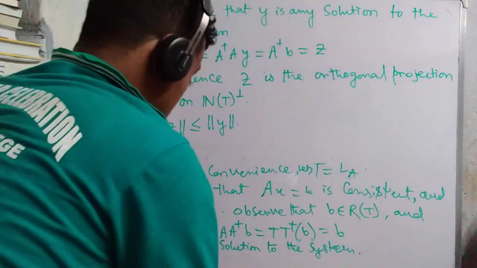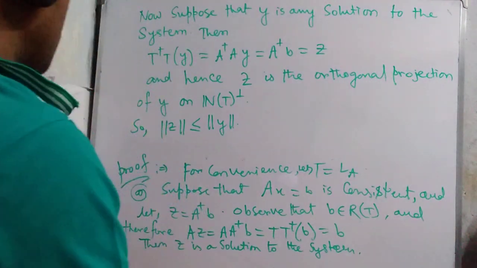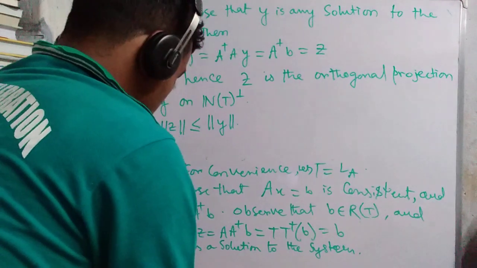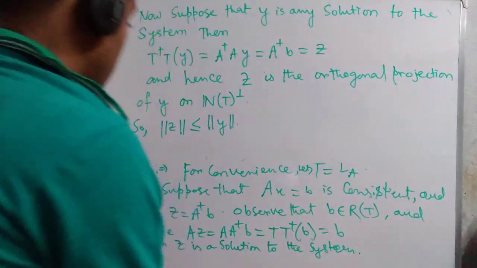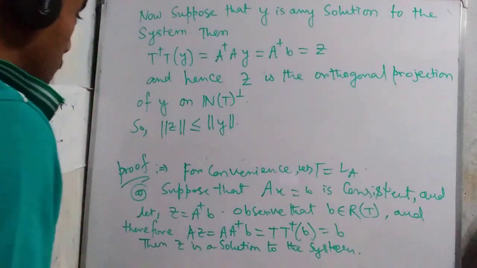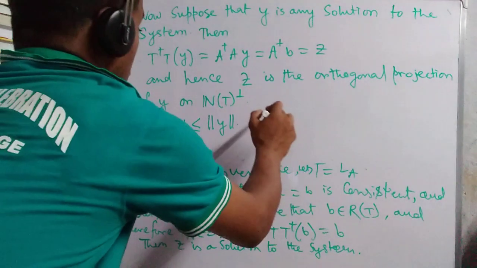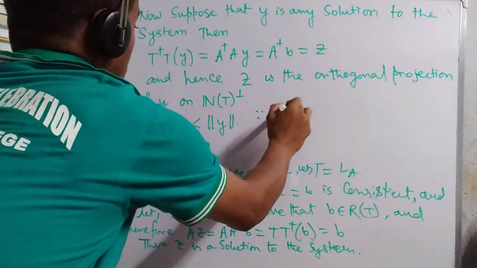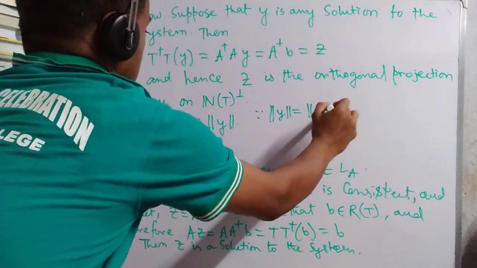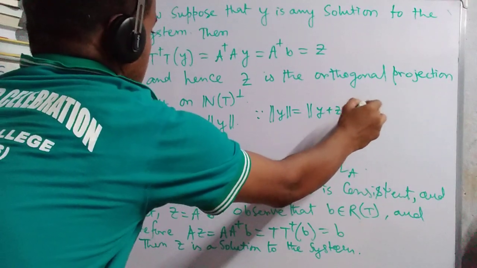Here then what happened? That means norm of z equal to what? How this one happened? That means we also discuss in this way. Norm y equal to, we write it y plus z minus z.